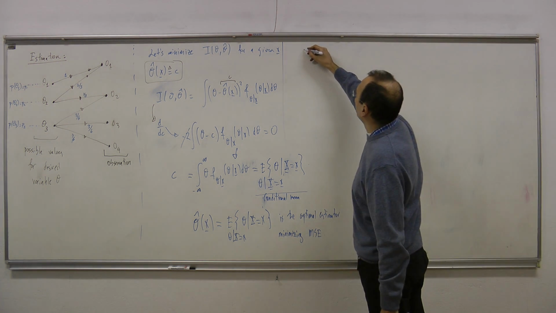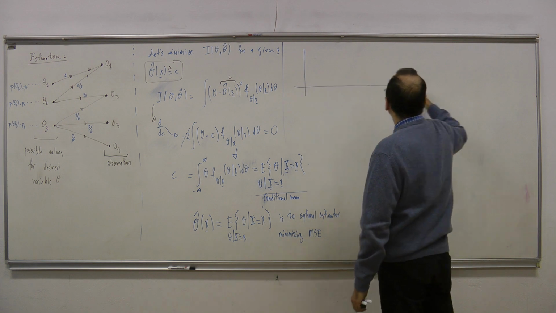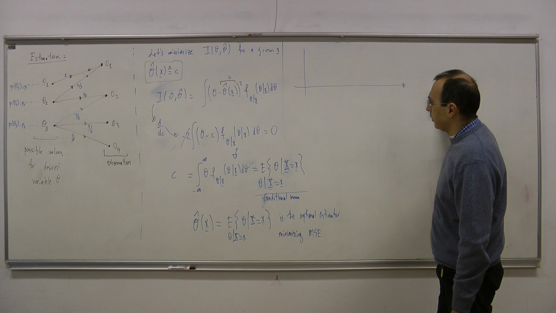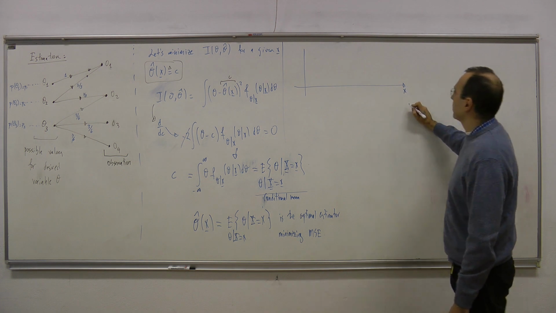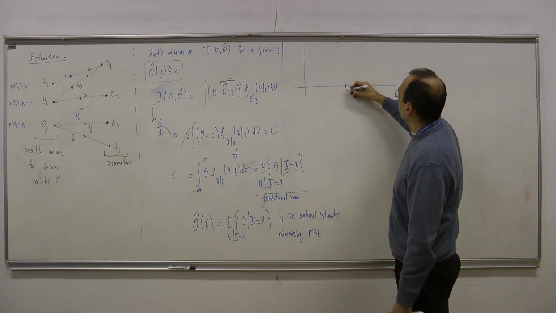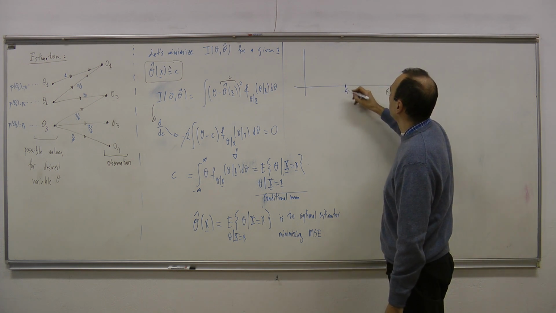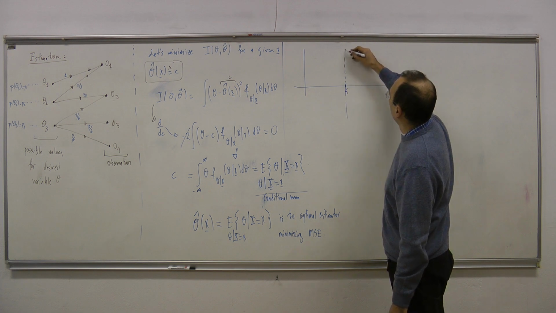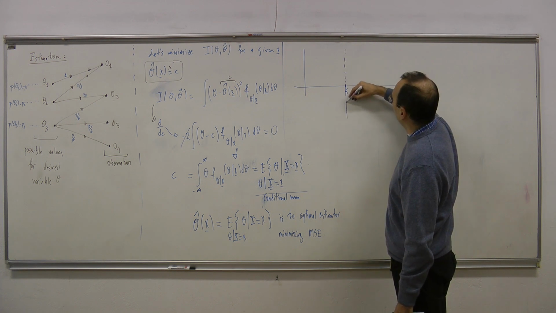So how can I sketch this? Well, let me do something like this. For example, my observation is x. Then for x equal to 5, let's say, I'm trying to sketch a density over this line.